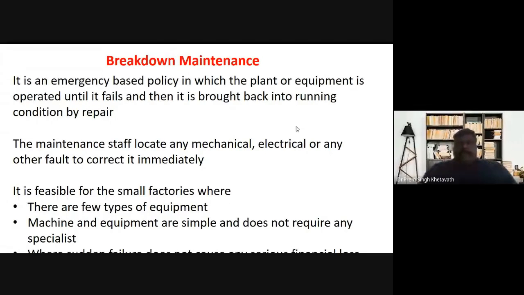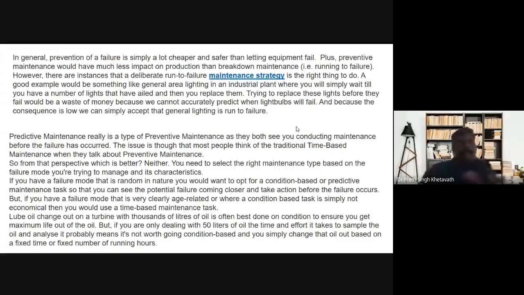Next, the prevention of a failure is simply a lot cheaper than letting equipment fail. Preventive maintenance has less impact than breakdown maintenance, because breakdown maintenance starts when the machine is stopped. But prevention means we do it in a proactive way.